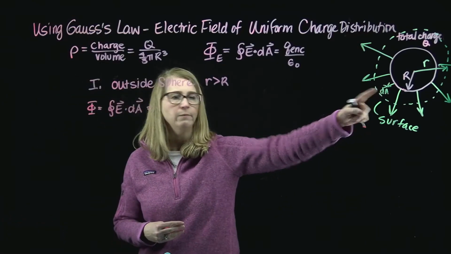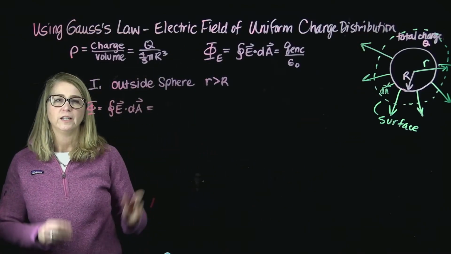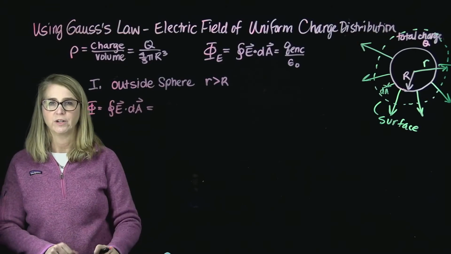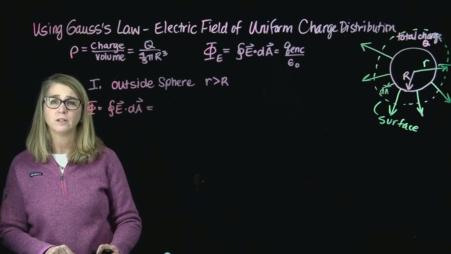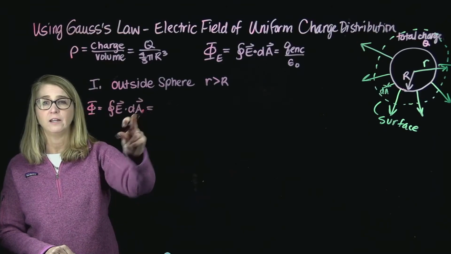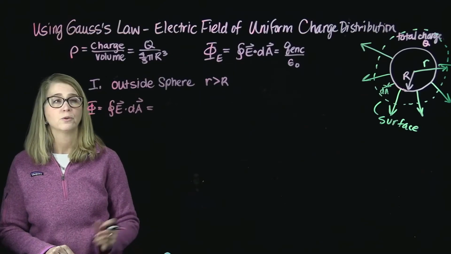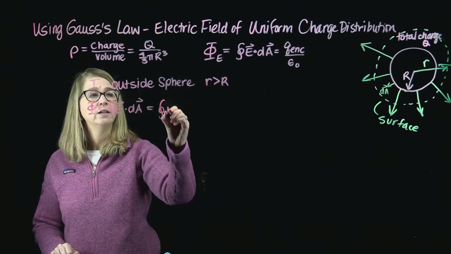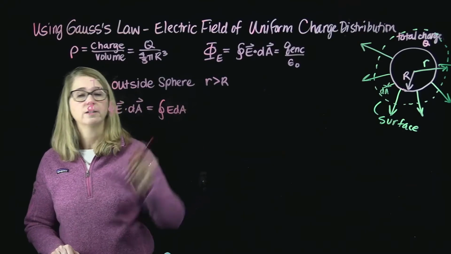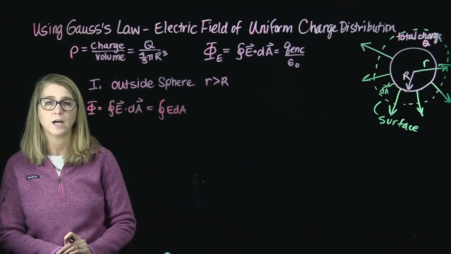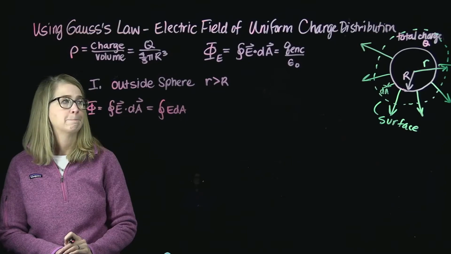I labeled one area. The area, of course, would go all the way around the sphere as well. So in general, the electric field and the dA are parallel to each other. So their dot product can be rewritten as just the product. No vectors, no dots, pretty easy.